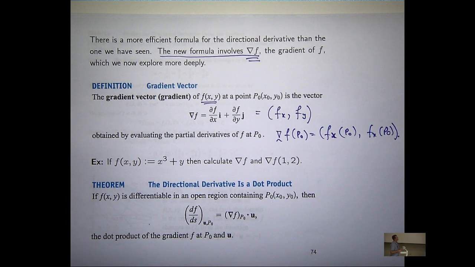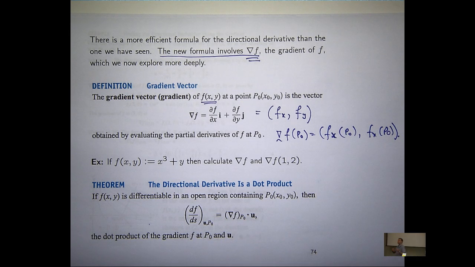Now, note that we start with some real valued function, f of x comma y, and we're producing a vector. So you take a scalar valued function, and this gradient operator produces a vector, or a so-called vector field. This is very important. You're producing a vector just with the partial derivatives as the components.